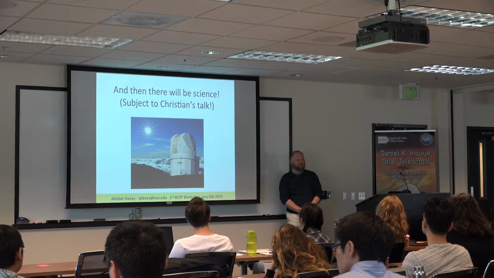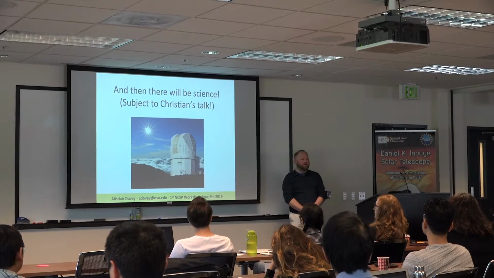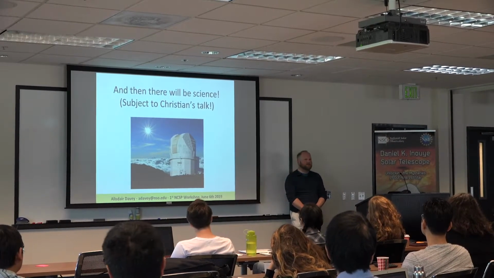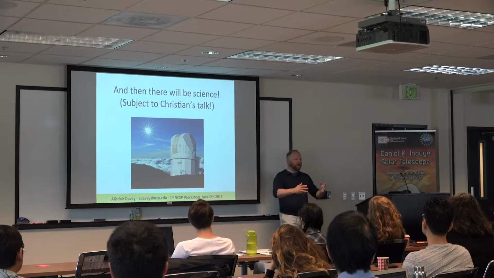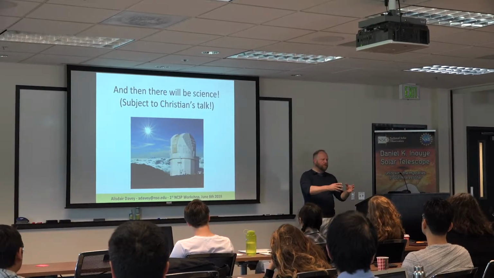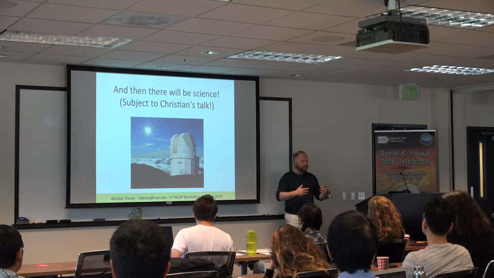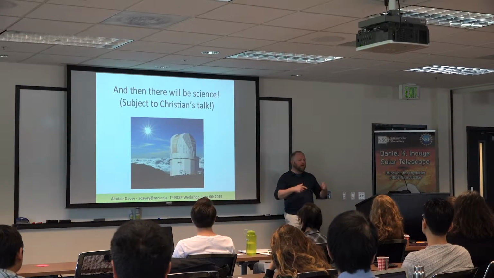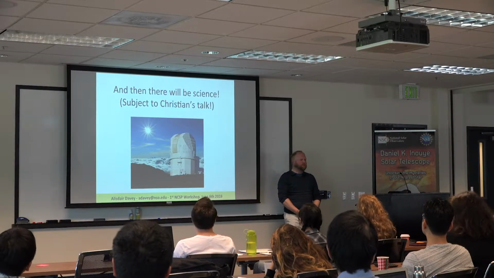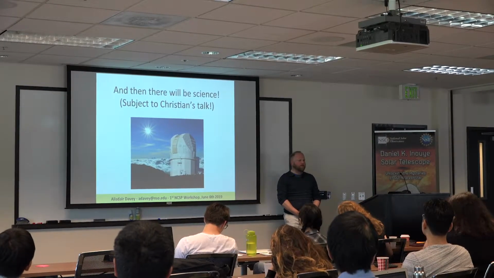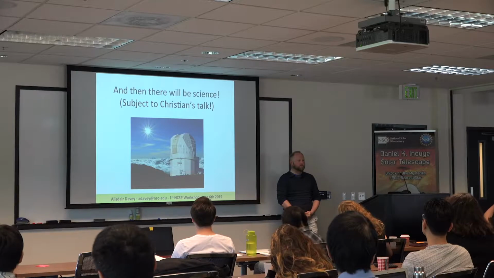So the question is, what is the role of the observer in providing metadata? And the short answer is you have to provide a lot of metadata when you put your proposal together. And certain of those fields will be propagated into the files. Okay? And that's your only responsibility. You don't have any responsibility beyond that to provide more information.